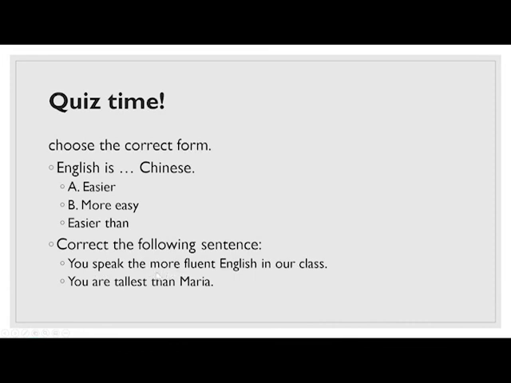Instead, it has to be the most fluent English in our class, because we're comparing someone's English, one of the students' English, to the whole class. You are tallest than Maria. So here you can see that tallest is used incorrectly because it is meant to be taller than Maria, not tallest, because we're comparing two people.